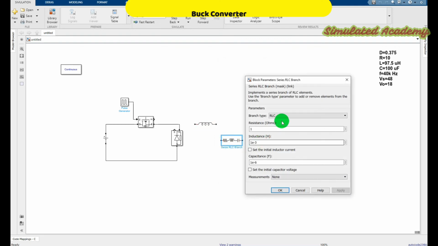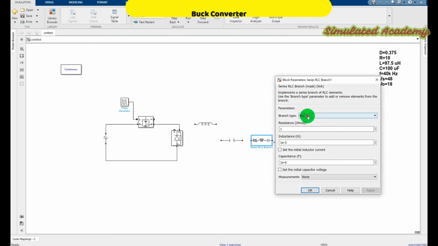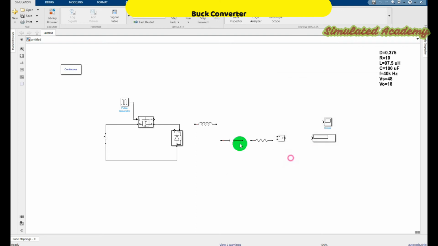This is the capacitor and this is the load R. Now rotate this by pressing Ctrl R.